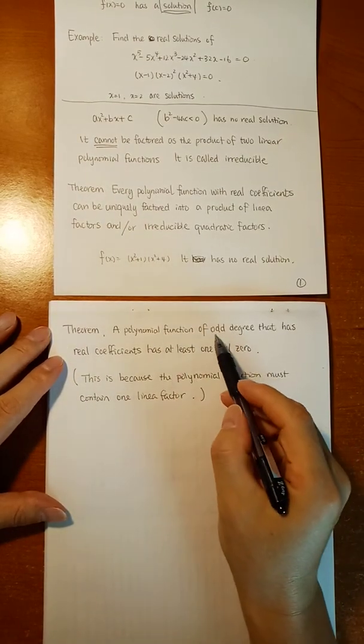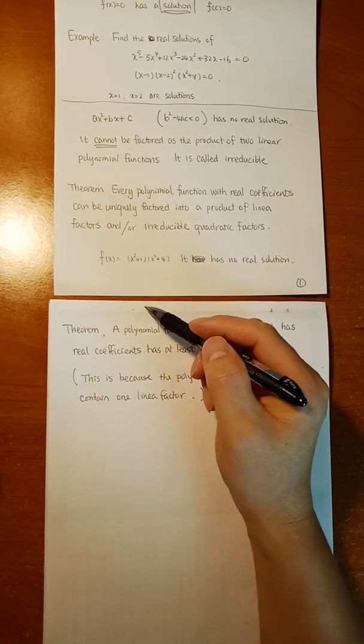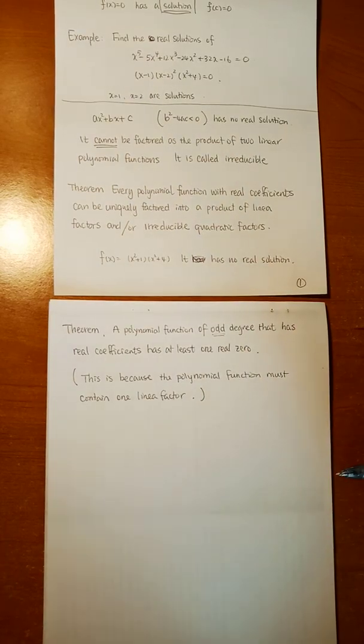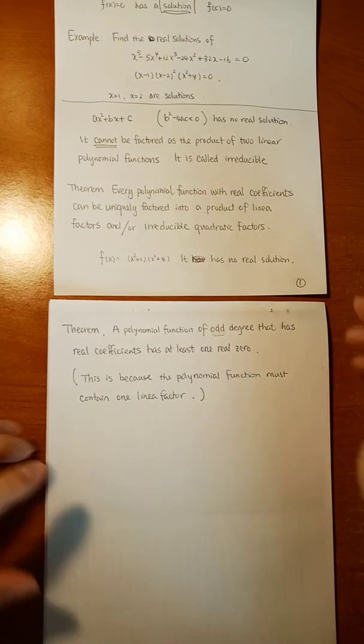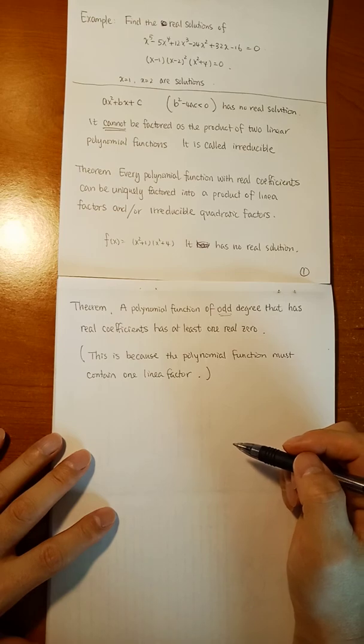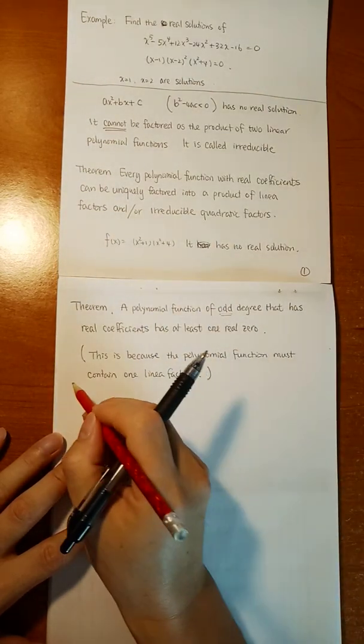That's why we need odd, because a quadratic polynomial always has even degree. Odd means you will have a linear factor. So that's the theorem. Okay, let's see the next. We will see how we use them later.